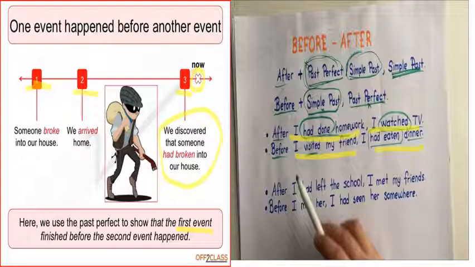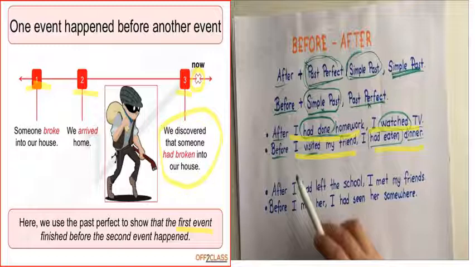Let's have a look at another sentence. I'm mentioning here again that in the past perfect we have two events, one of them happened before another. By the way, we usually use before and after with both the past perfect and the simple past. If you have after in your sentence, it can be followed directly by the past perfect and then the simple past.